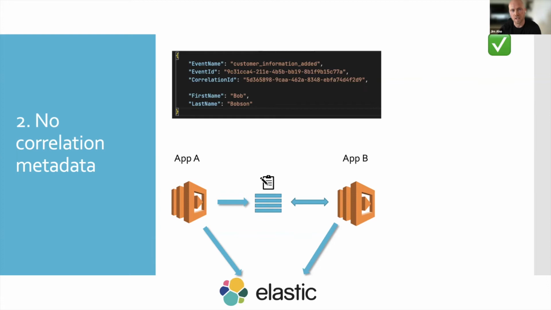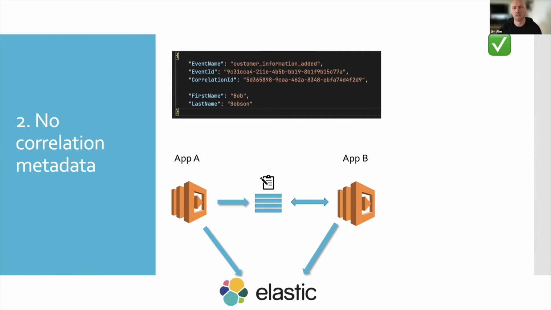So the correlation ID could be created when you press a button, and you send that throughout all the systems, include it in the event, for example. And then you can log both correlation ID and event ID. So you get traceability both for this specific event, but also for this specific click of a button, so to say.